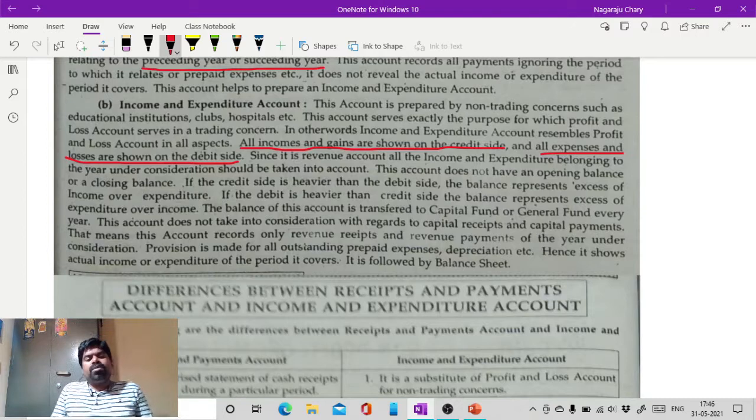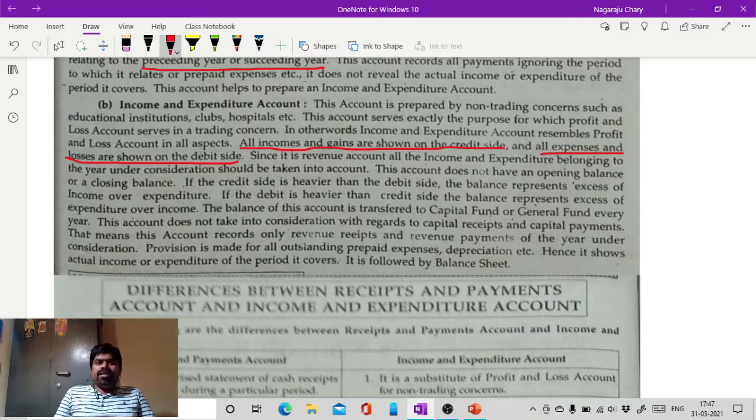So here there is no opening balance, there is no closing balance, but ultimately we get a balance like surplus or deficit. When the credit balance is more and the debit balance is less, we get surplus.